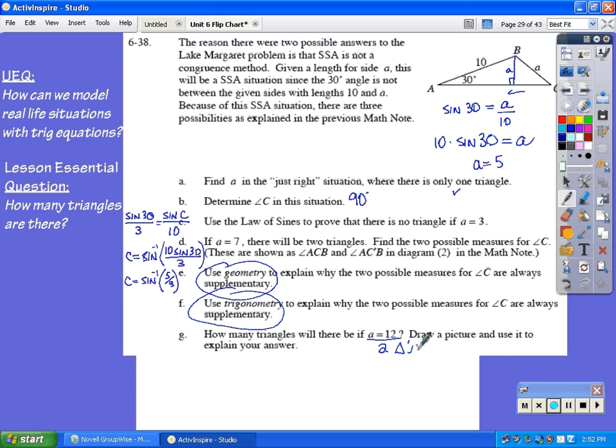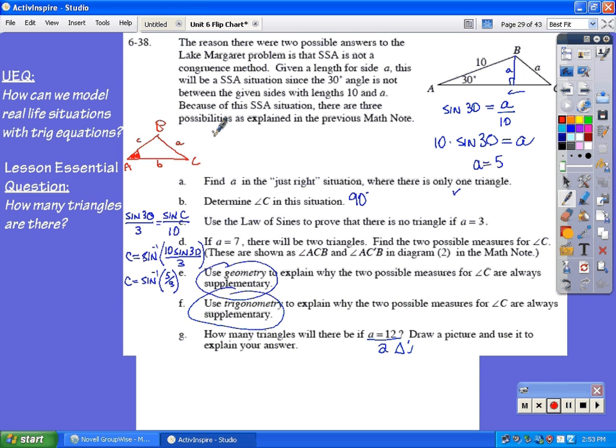Okay, and the reason here is this. This is the generalization. This is how you know from the get-go how many triangles there are going to be. Okay, using this triangle that we have here, let's say A, B, C, and this is any general triangle, and side C, side A, side B. Let's say angle A is our known.